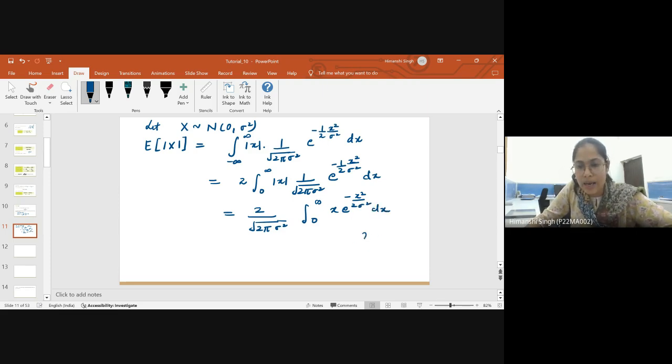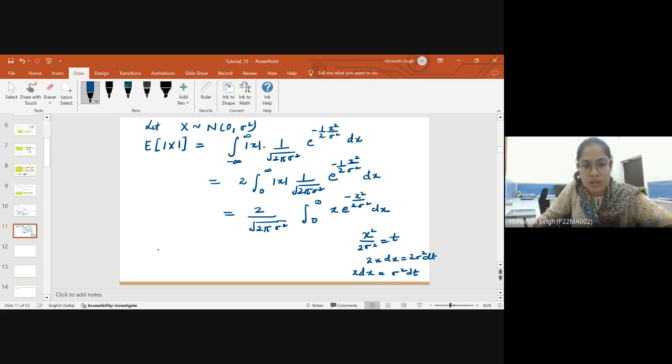I will take x square by 2 sigma square to be t. Then 2x dx is equal to 2 sigma square dt, or I can say x dx is equal to sigma square dt. So I'll put the values here.